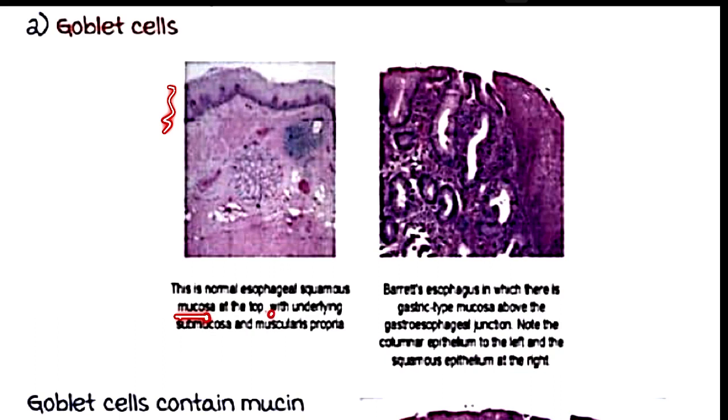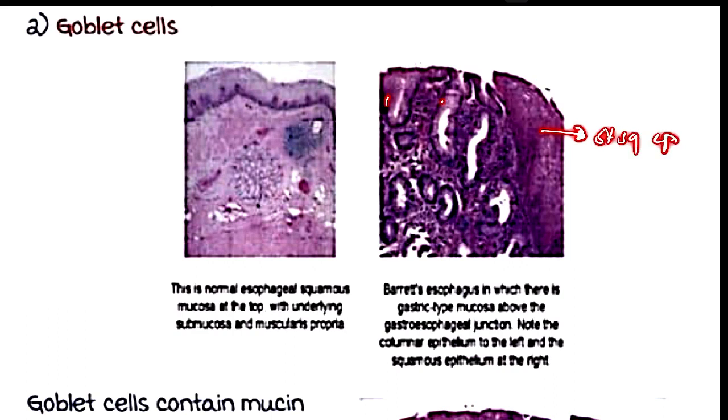Here we have stratified squamous epithelium, and then we have the submucosa that goes like this. But in the case of Barrett's esophagus, what you will see are columnar cells with goblet cells, right here you can see. This is a normal individual without Barrett's esophagus; this mucosa consists of stratified squamous epithelium.